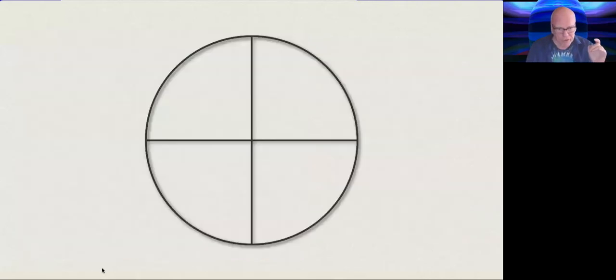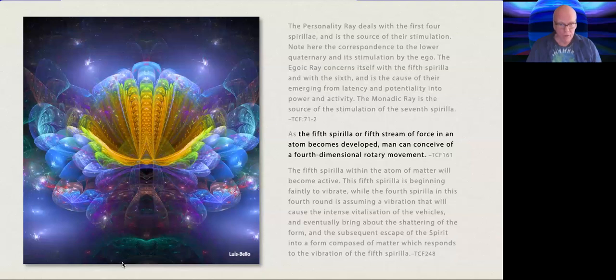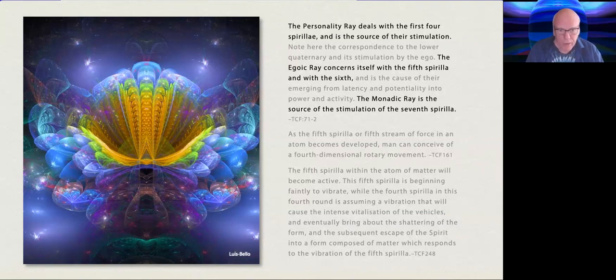This info relates to the symbol of the circle divided into four through the fact that, quote, "when the fifth spirale, or fifth stream of force in an atom, becomes developed, man can conceive of a fourth dimensional rotary motion." We then learned that the personality ray deals with the first 4 spirale, the egoic ray with the 5th and 6th spirale, and the monadic ray is the source of the stimulation of the 7th spirale.